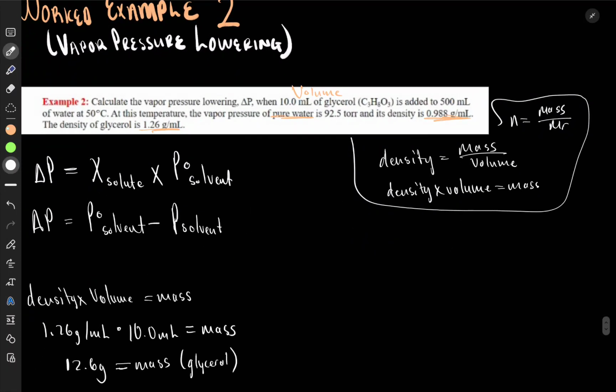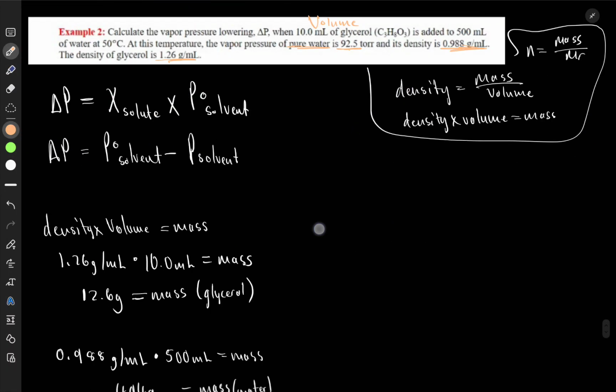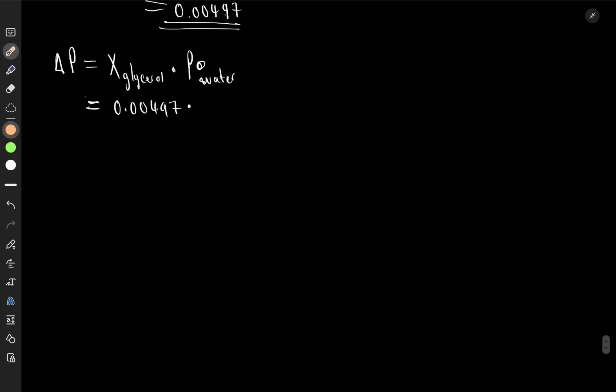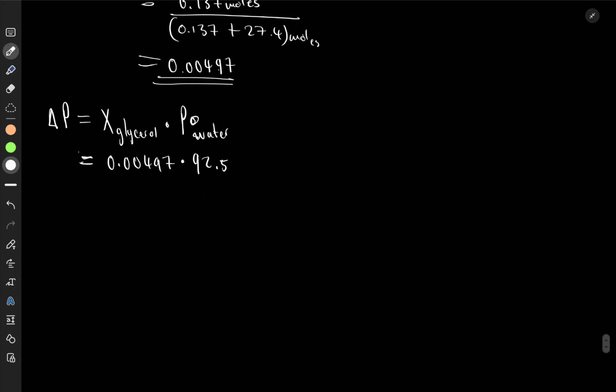The vapor pressure of pure water is 92.5 torr. So we would have it as multiplying 92.5 torr. Say torr. Then we can get it. So I'll say this times 92.5.